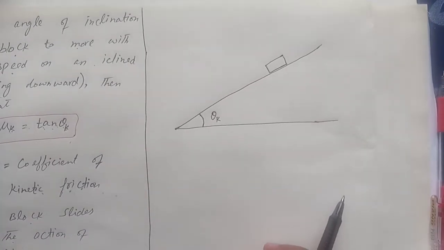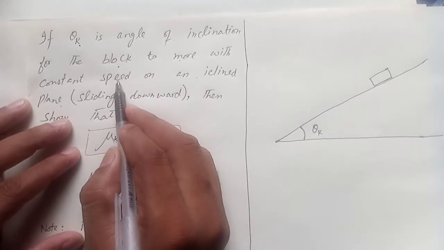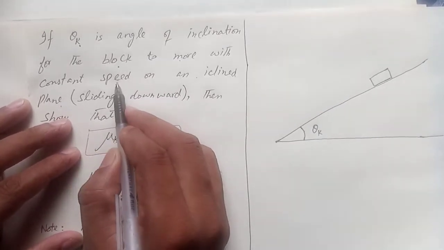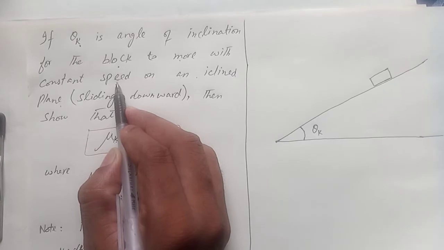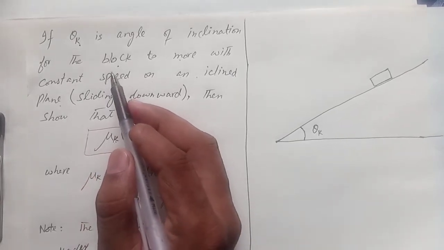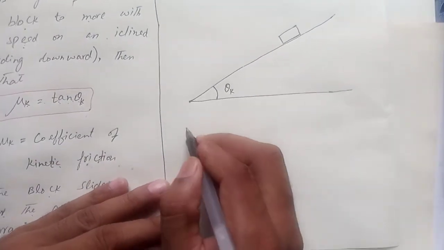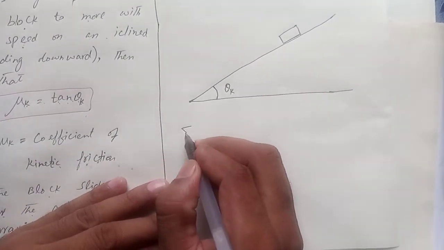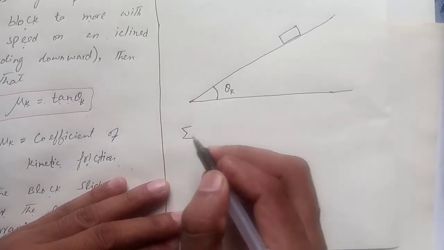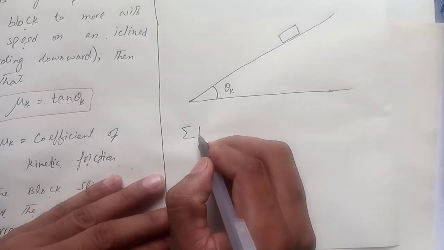According to the statement, the block is moving with constant speed. As the block is moving with constant speed, it means that the net force acting on the block is zero. By Newton's second law of motion, if the block is moving with constant speed, then it has no acceleration.